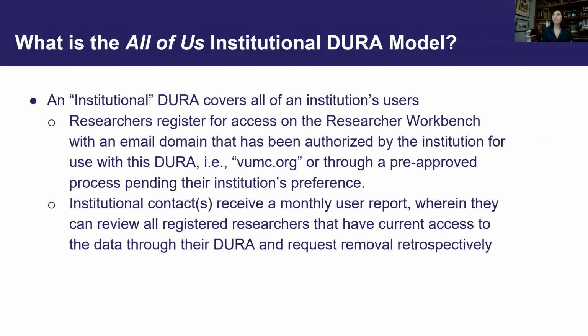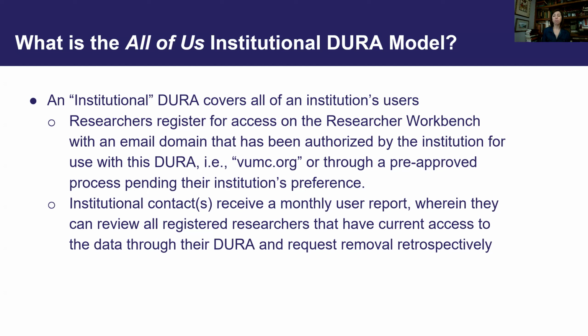So I'm going to just talk briefly about what the model is in place for a DURA. An institutional DURA just covers an institution's users. So these are users that are affiliated with the institution, and the institution is saying, I take responsibility for my users and their actions, and I'm going to help monitor. Researchers who register for the access, there's a couple of different ways.